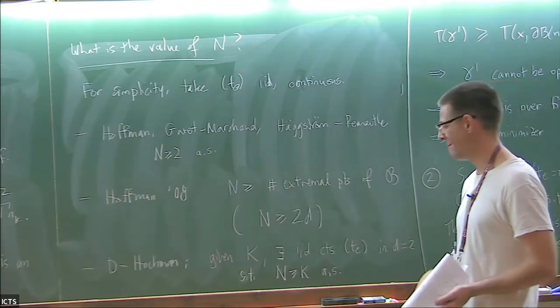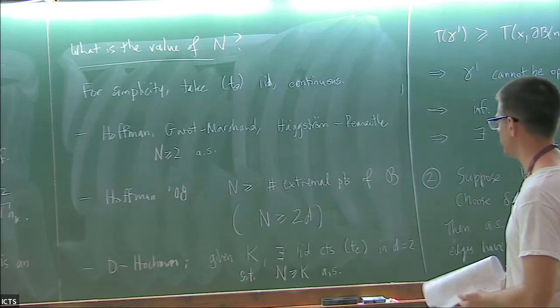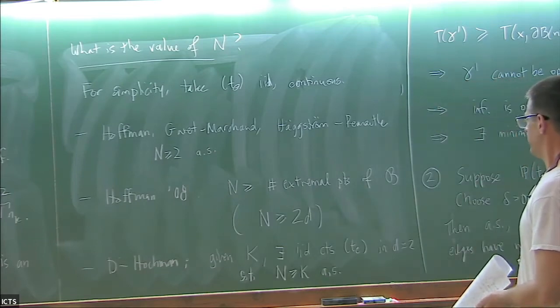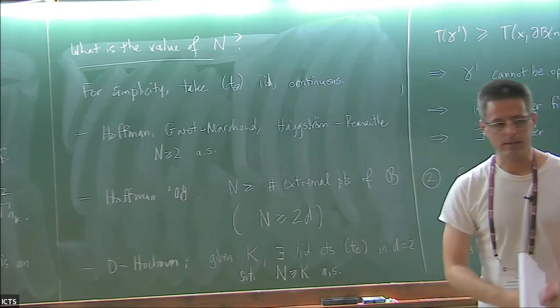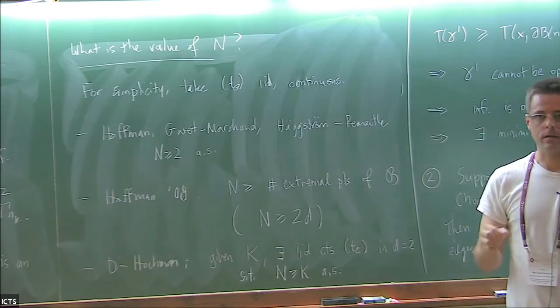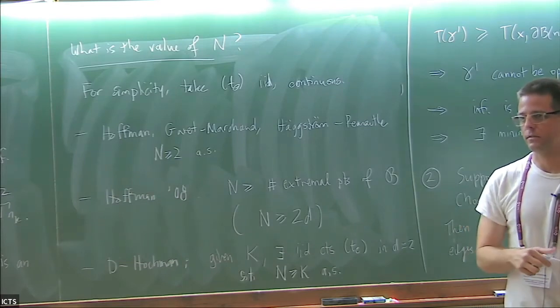Yes? Extremal point, yeah. So what is an extremal point? It's a point in your convex set such that it is not in the interior of any line segment joining 2 points in the convex set.